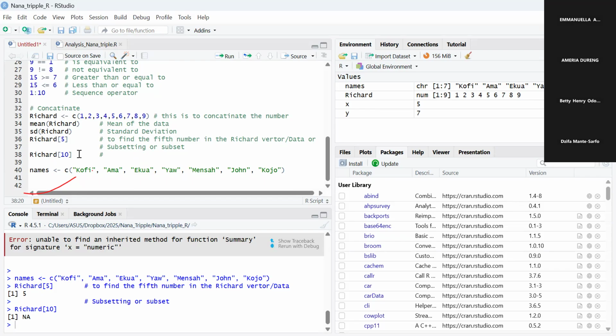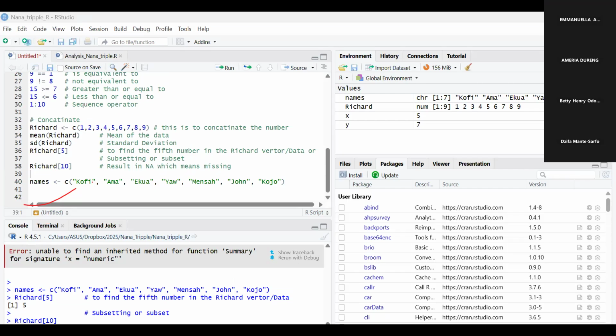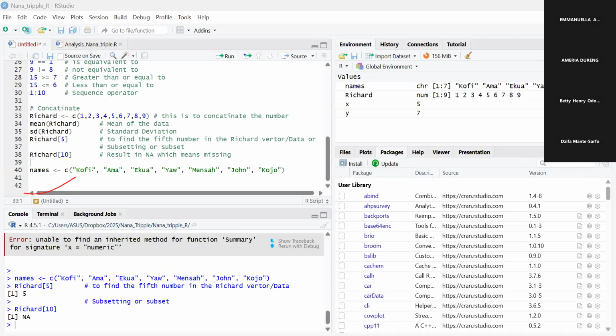Let me just write it in. Results in NA, which means missing. Any question?